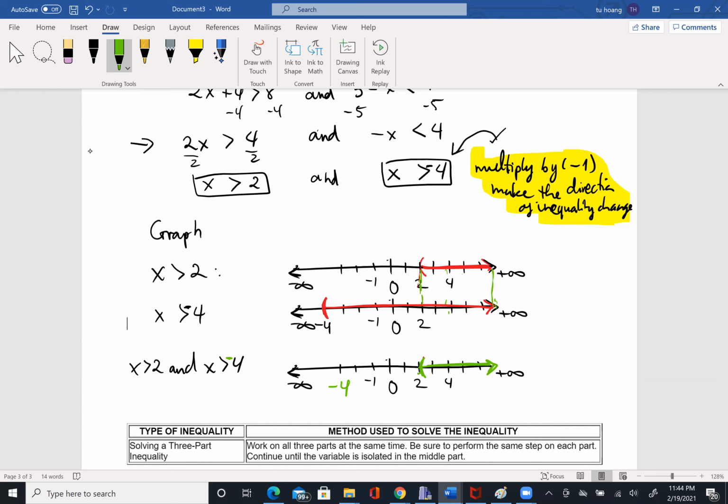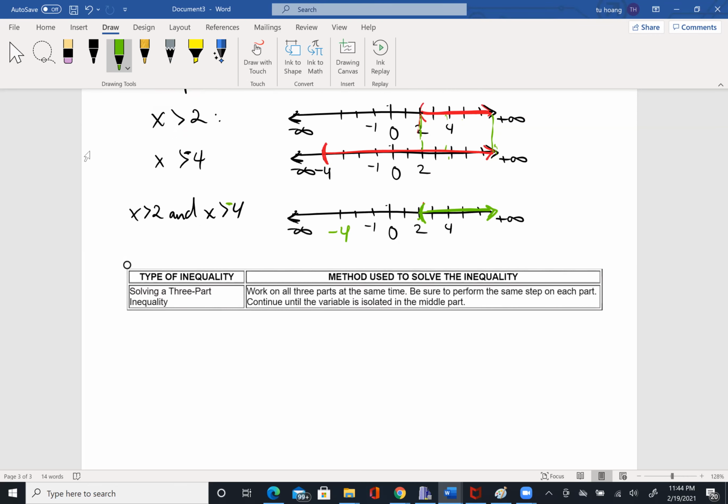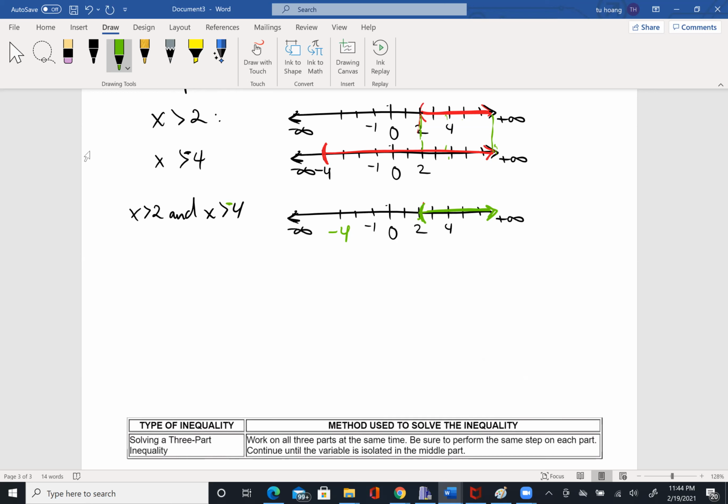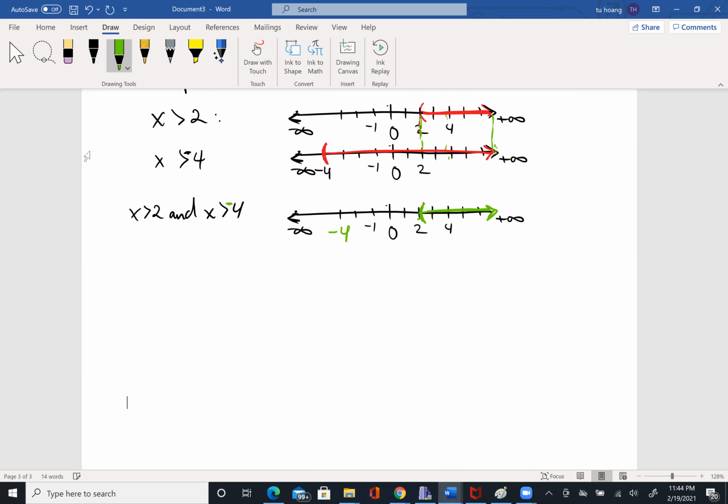All right, so what else? Okay, let's have another example. Example 3.